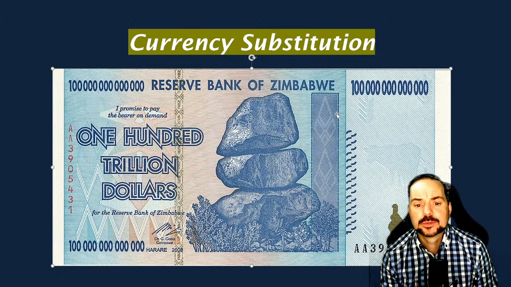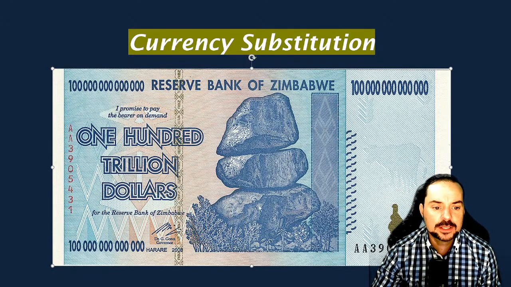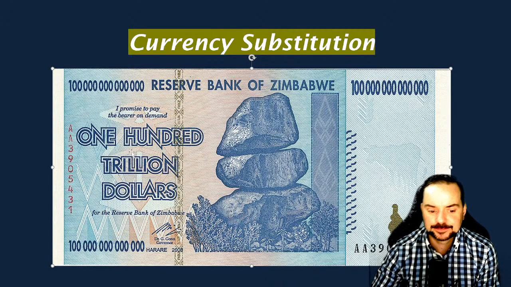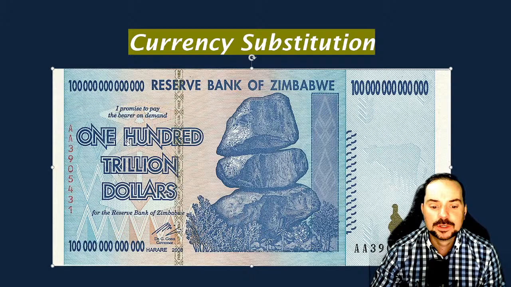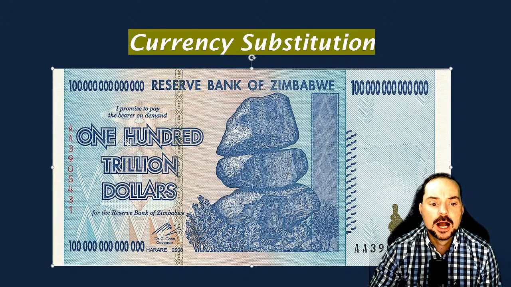And then we have a picture here, and this picture is a banknote. It's the Reserve Bank of Zimbabwe, and it's 100 trillion. Oh boy. $100 trillion. Too bad it's not American money. You would basically own all of the money in the world. Well, not quite.